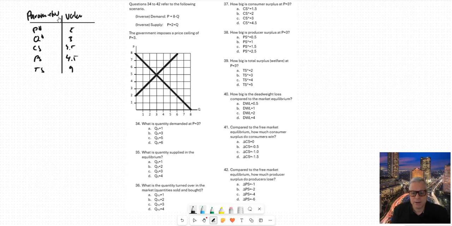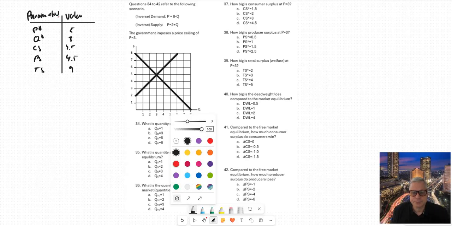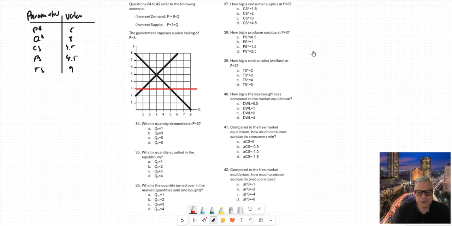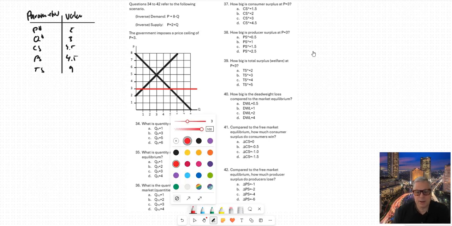But now we have a price ceiling at 3. Okay, so now at the price ceiling of 3, before we answer the questions, let's quickly go through the analysis.